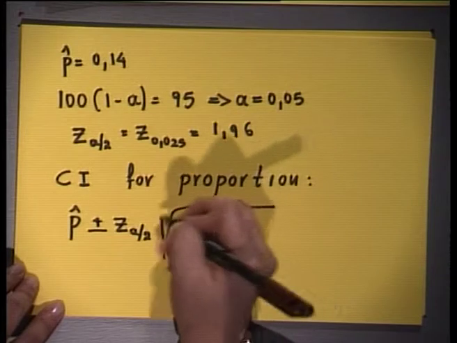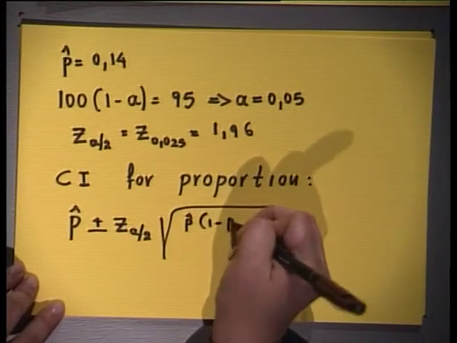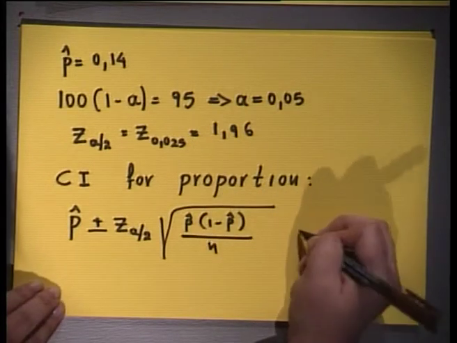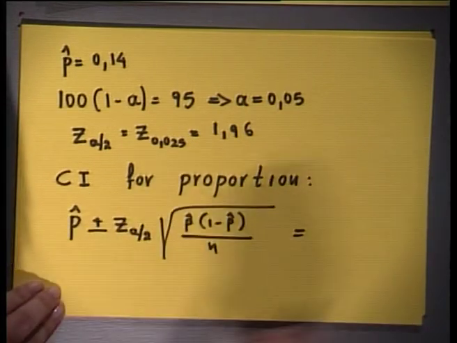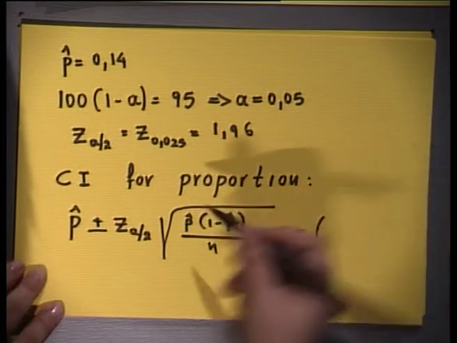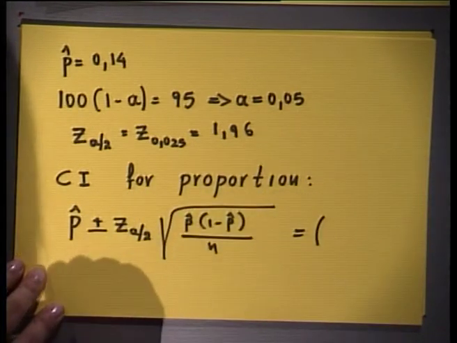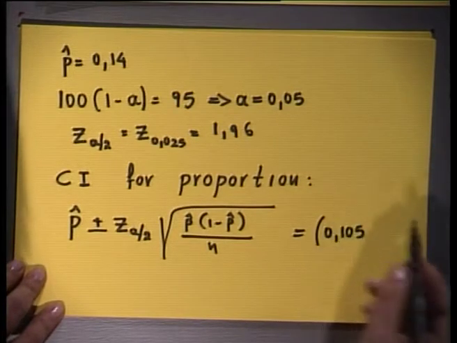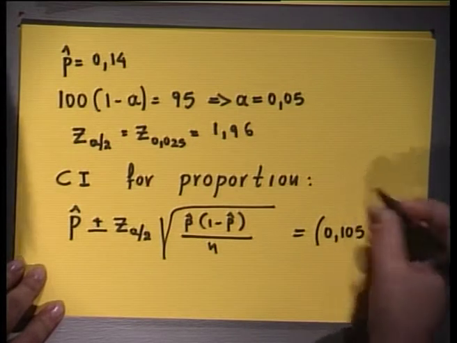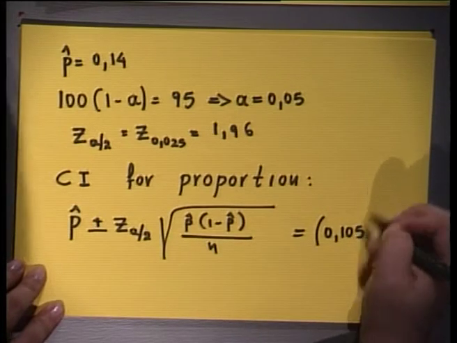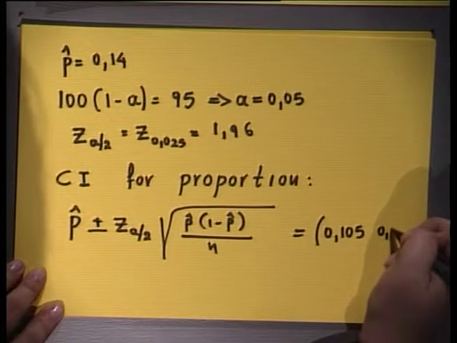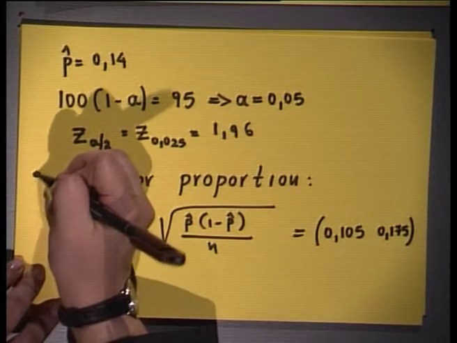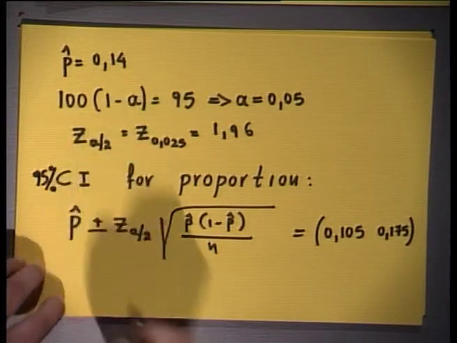We need to calculate the square root of this quantity here, and if we do all the calculations, the confidence interval for the true value of the proportion is 0.105 to 0.175, the 95% confidence interval.